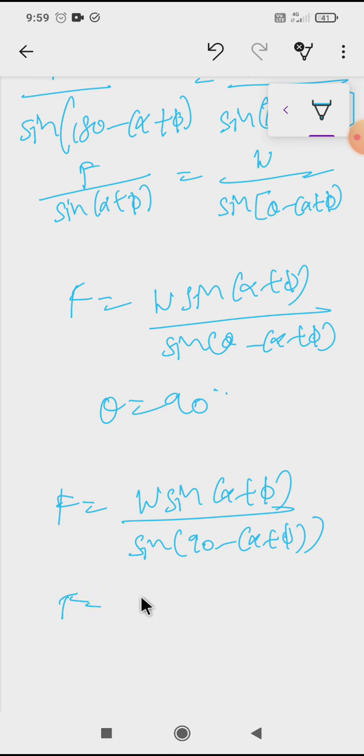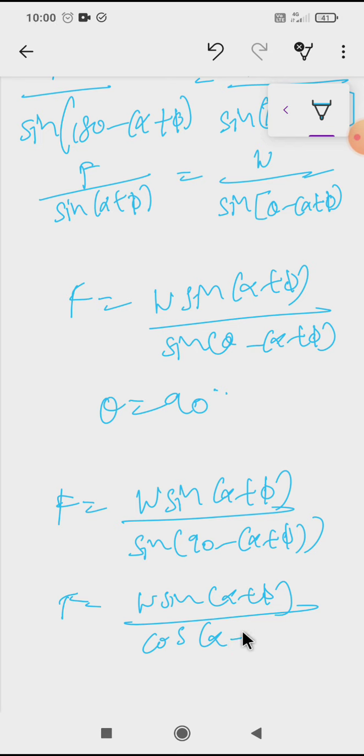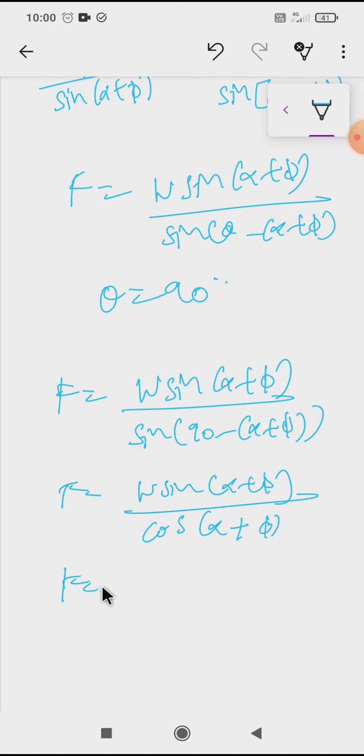So F will be equal to W sine alpha plus phi divided by cos alpha plus phi, so sine upon cos, so F is equal to W tan alpha plus phi. This is the same equation which we derived for the horizontal plane.